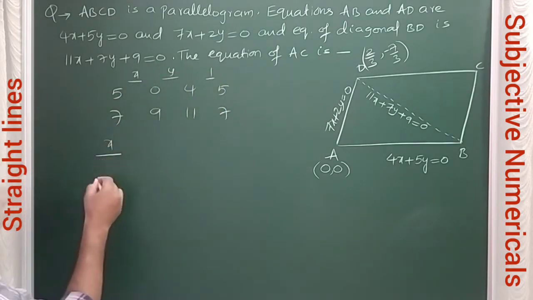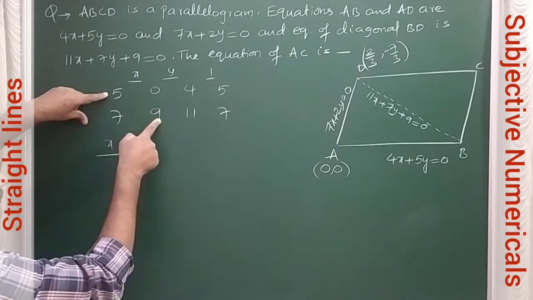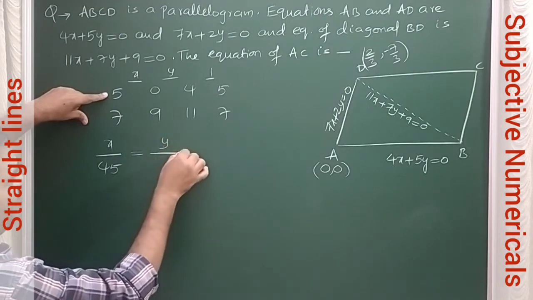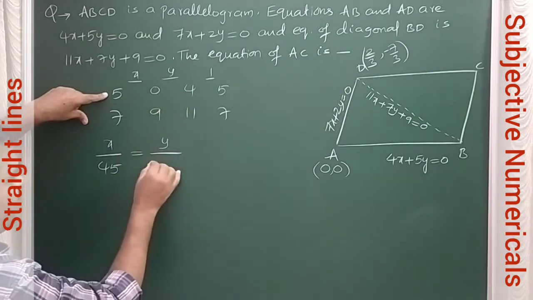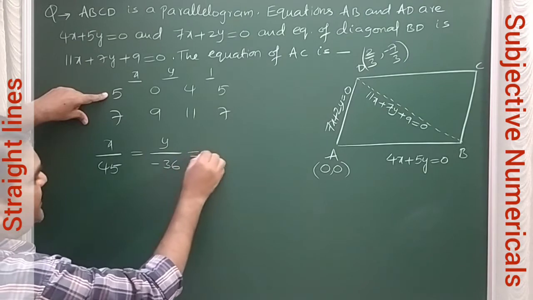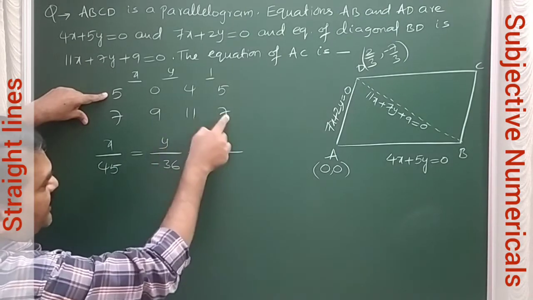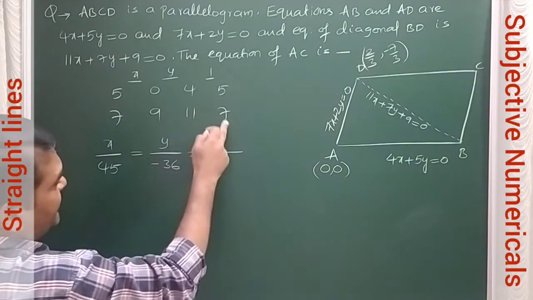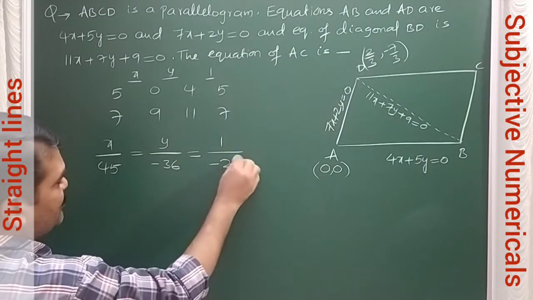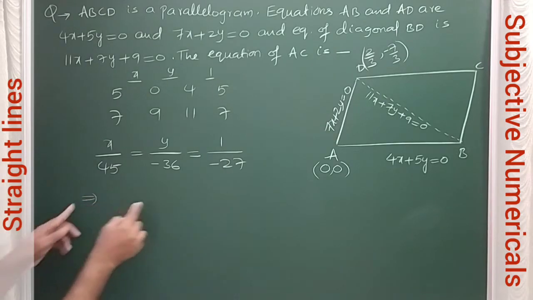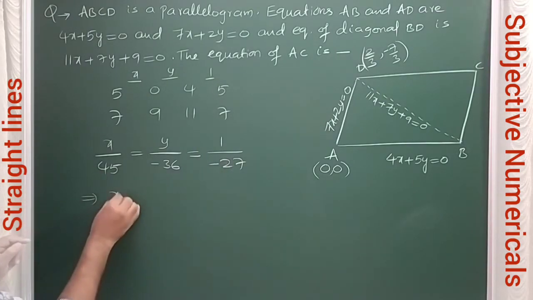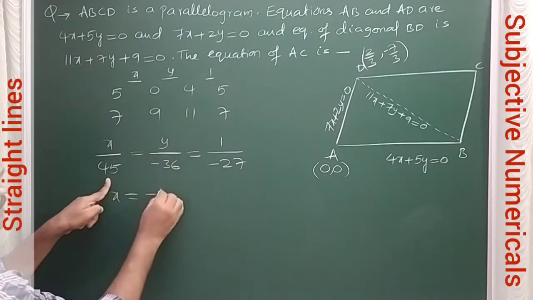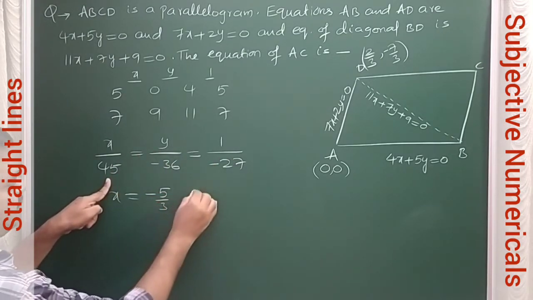So what we will get is x by 45 minus 0, that is equal to y by 0 minus 36, that is equal to 1 by 28 minus 55. So 28 minus 55 means minus 27. Equating these, x is equal to 45 by minus 27, that means minus 5 by 3.